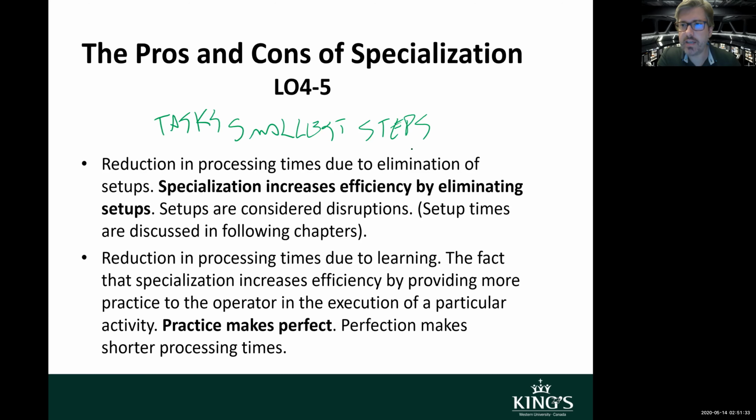But if you divide the assembly of that piece of furniture into very, very small steps, you can make people specialize in that one single step, and then you'll be able to have a high throughput in that process, and it will keep increasing because people will keep learning and being faster and faster.